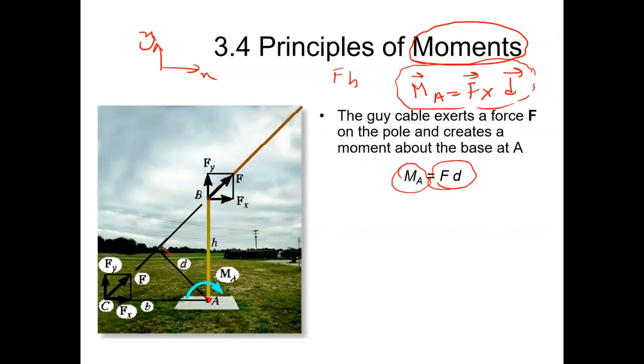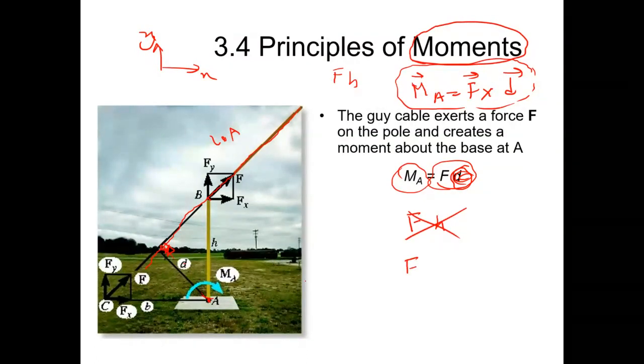So the shortest distance between point A and F: you have to make the line of action for the force. This is the line of action. And then from the point of rotation, I make a normal to the line of action. And that distance is what I should use here. I never use F times H. That is wrong.